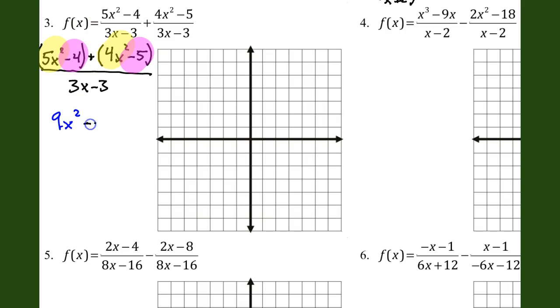Is that negative 1? Negative 9. All right. So you got it down to one fraction. Go ahead and factor and reduce.